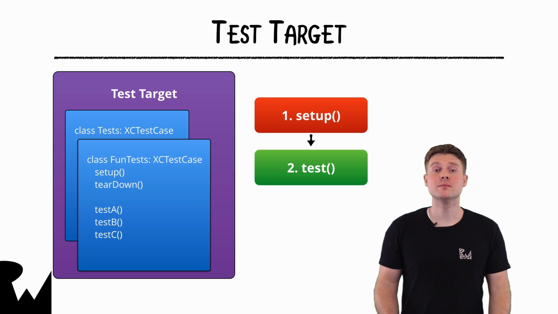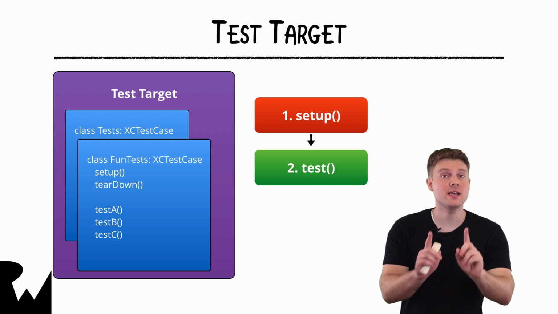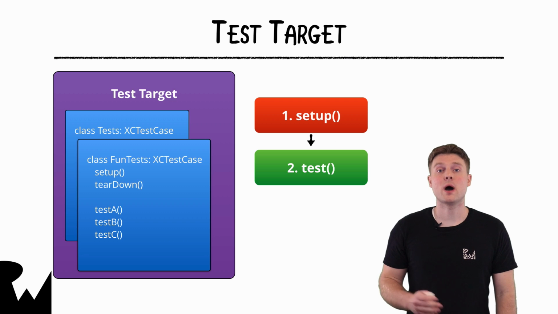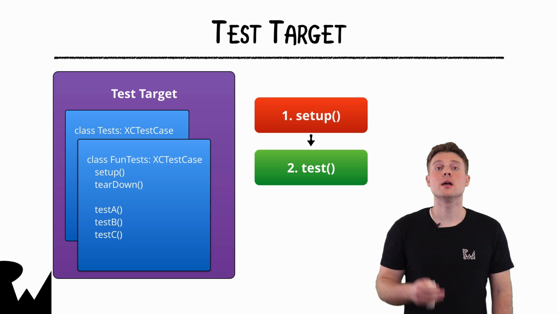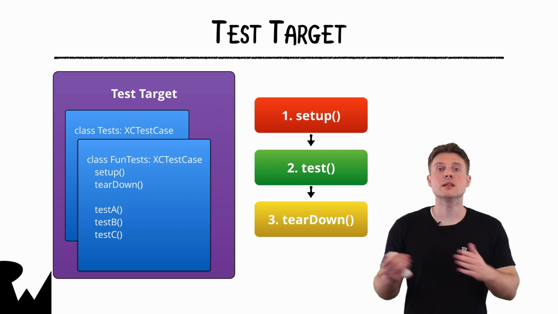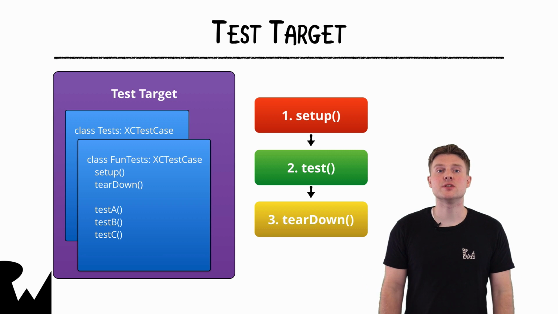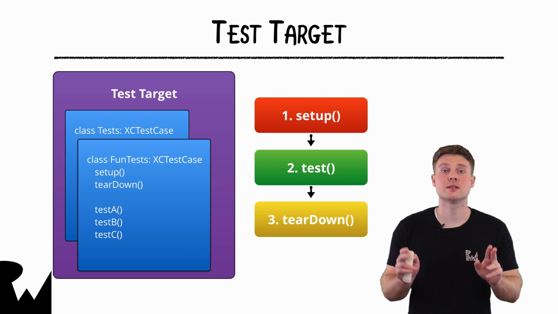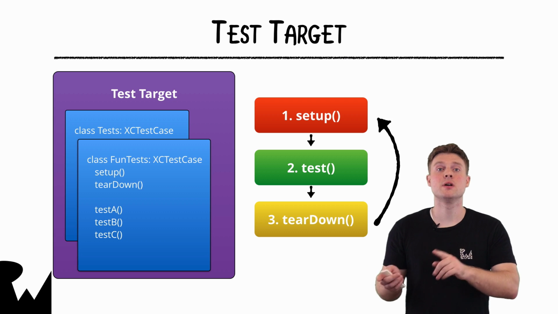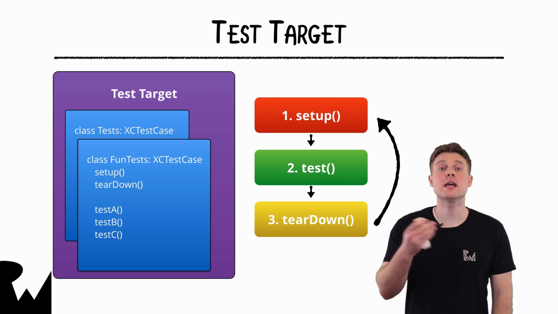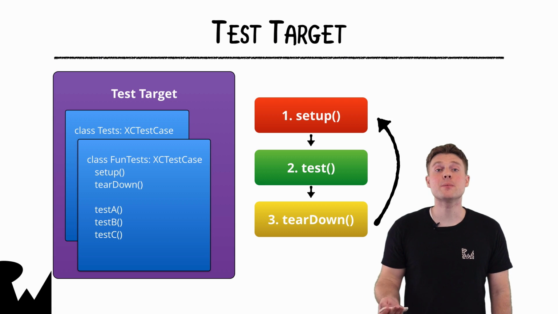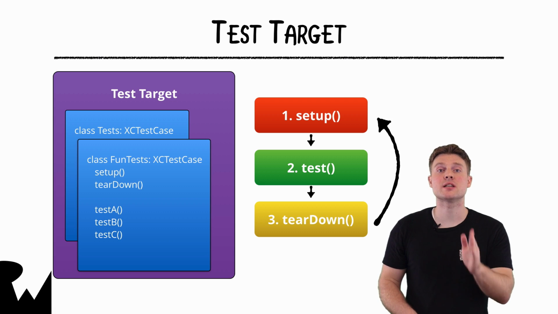After the test is completed, whether it passed or failed, as long as your unit test didn't actually crash while executing, the test runner calls tearDown, where you're expected to perform test teardown. Lastly, the test runner checks if there are any other methods that begin with the word test. If so, it executes another test method, again calling setUp before the test method is called, and tearDown after it completes. Thereby, both setUp and tearDown are called once for each test method.